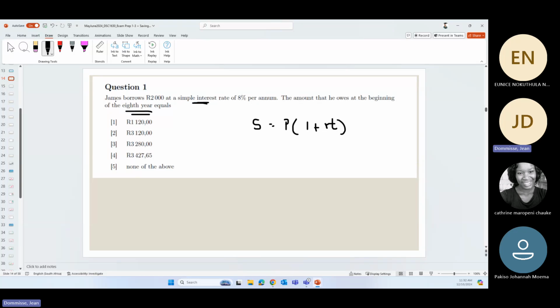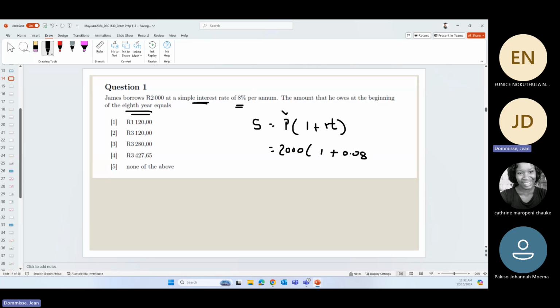So let's see, he borrows 2,000. They tell us the interest rate is 8%, so we have 0.08.